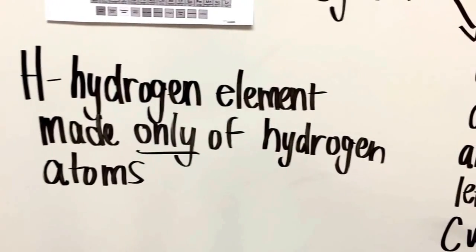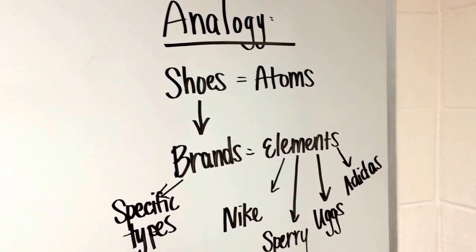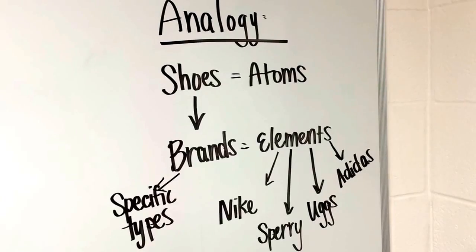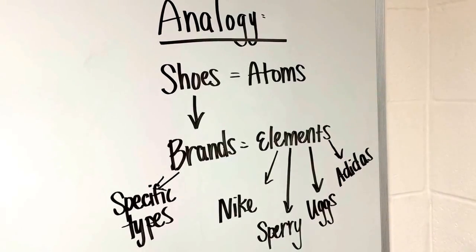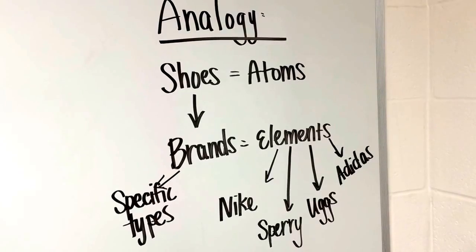So now looking at the relationship between atoms and elements, we have this analogy here. Let's say that we're looking at shoes, and we can say shoes are kind of like atoms. They're all everywhere. Shoes, shoes, shoes.